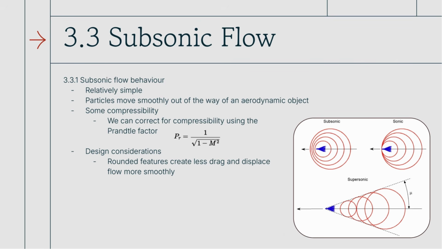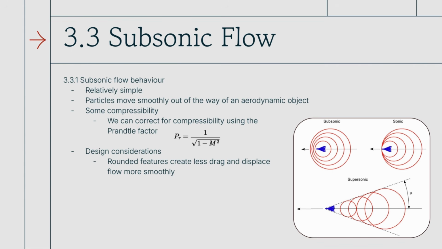We can account for compressibility by using the Prandtl factor. So again, we're just comparing the local Mach number. It'll create a factor that you can add on to your lift coefficient, for example, to account for the compressibility of the air and how that will impact how much lift or drag you're generating.